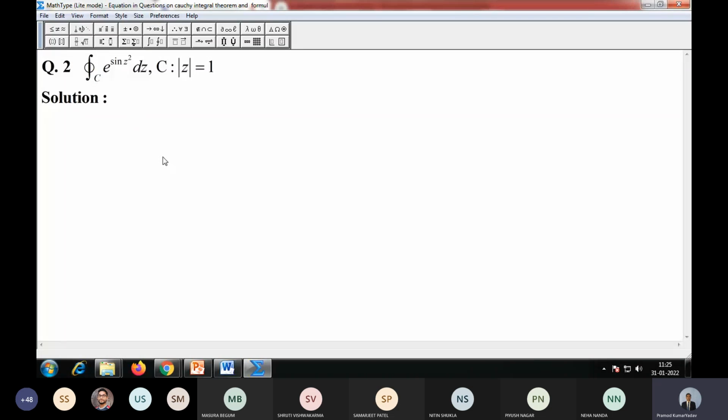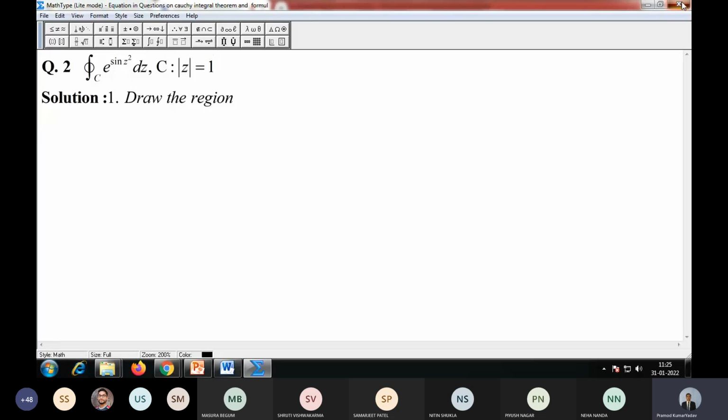First point: draw the region. Everybody please be careful. Draw the region. What is the region here? See, the circle with center origin and radius 1. So what we can do?